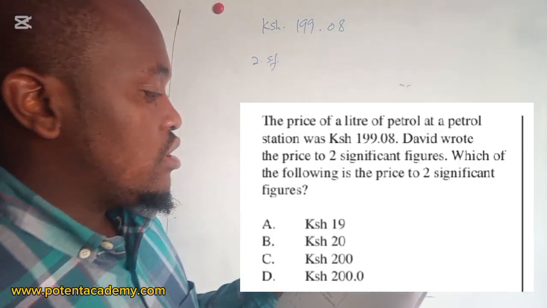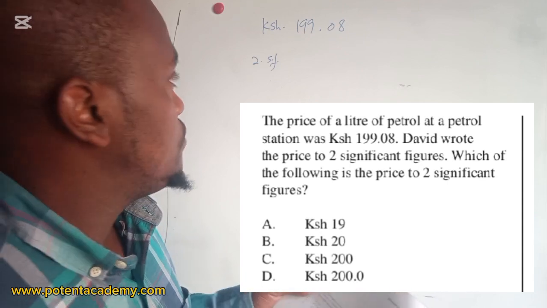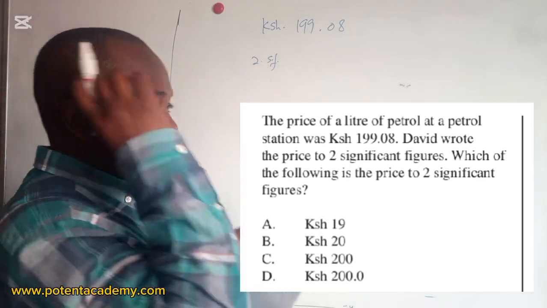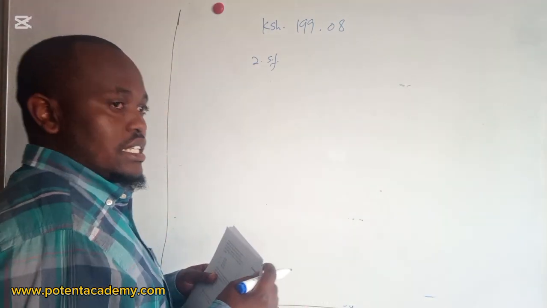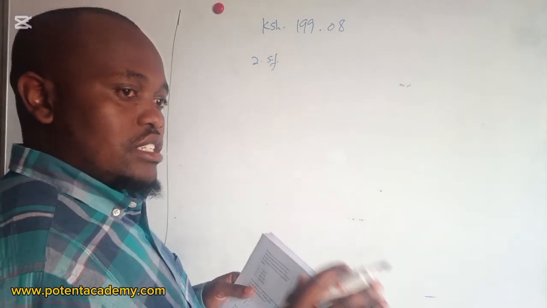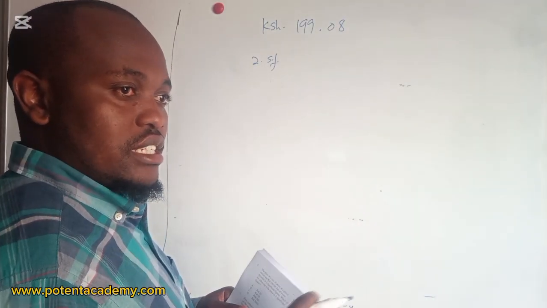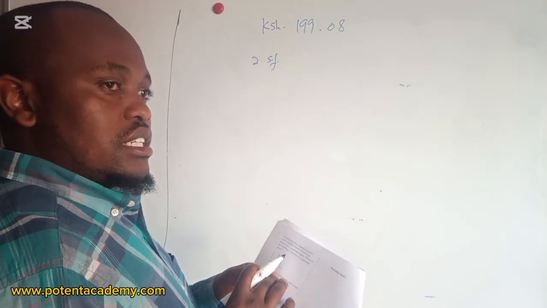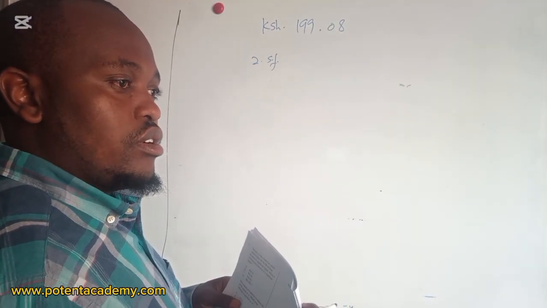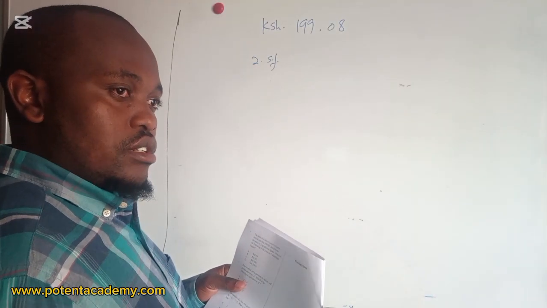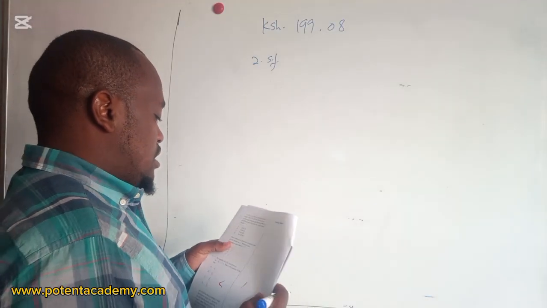Choice C and D are talking about 200 or 200.0. Now, you need to know about significant figures, that any number that is not 0 is significant. Why we study significant figures is to know the value of zeros in a number and how they affect the number.